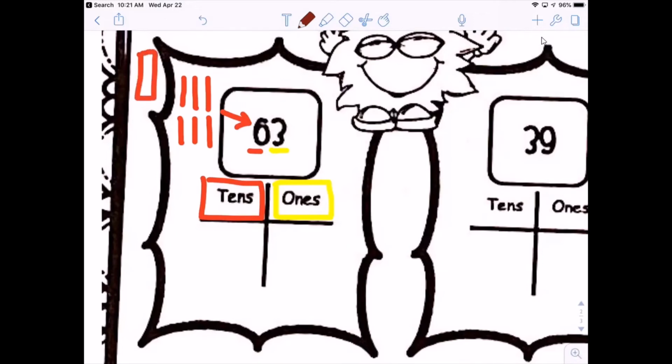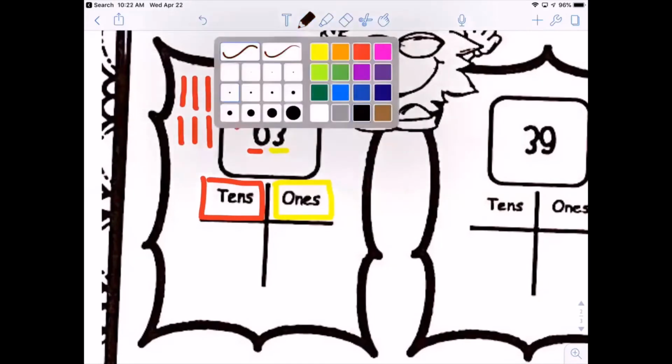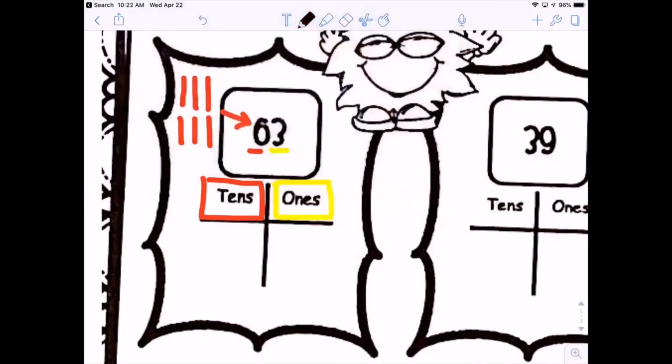Remember I said you can draw your rod, but it's a small space, so show me your sticks instead of a rod. Okay. And now how many ones do we have? Okay. We have 1, 2, 3 ones. That's the work that you need to show me on this paper.